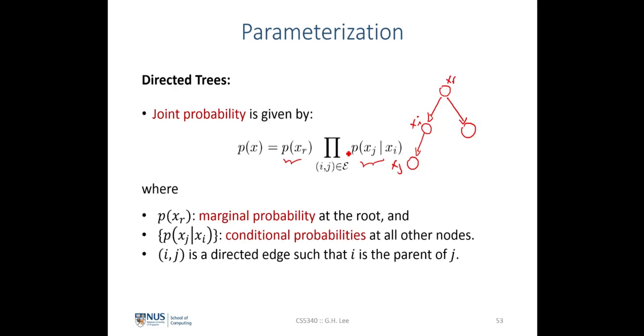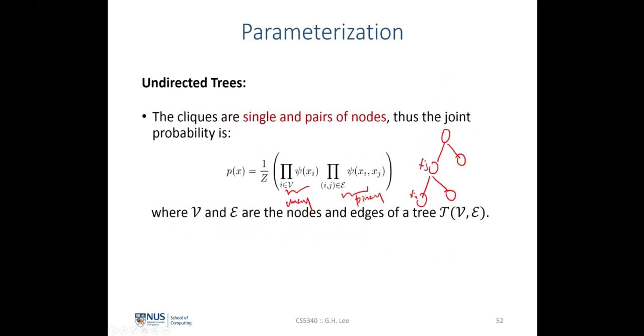And what this means is that after converting or moralization of the directed tree, we can see that the conditional probability of xj conditional upon xi is essentially equal to the binary potential in the undirected trees.